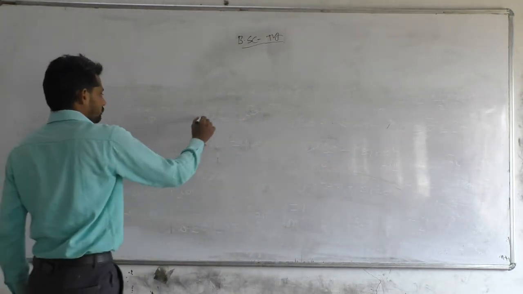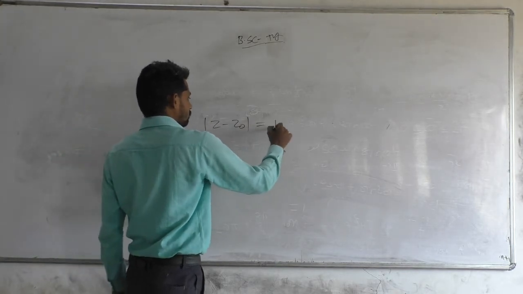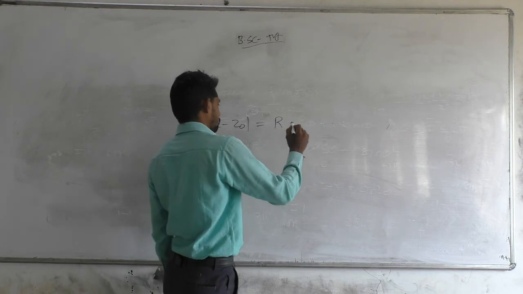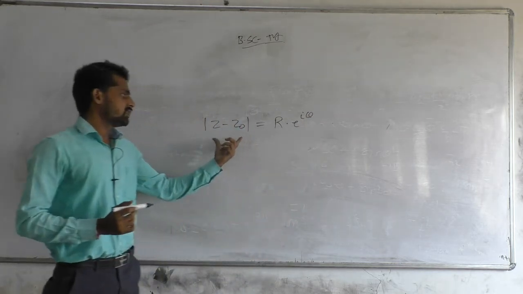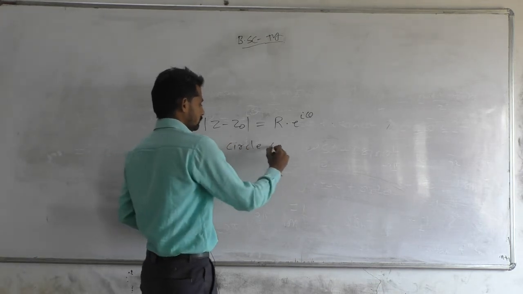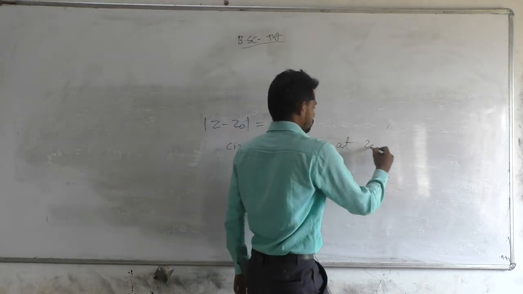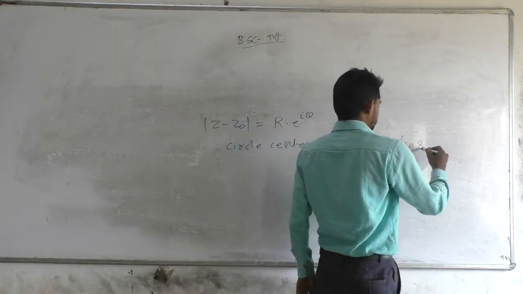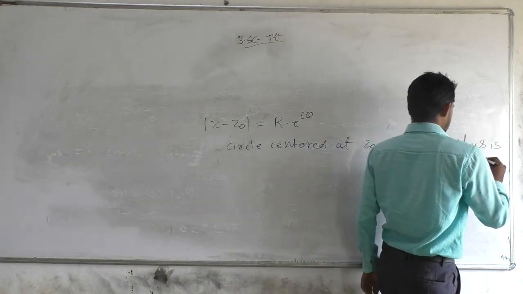Also note that z minus z naught is equal to r into e raised to i theta. So this represents a circle centered at z naught whose radius is r.